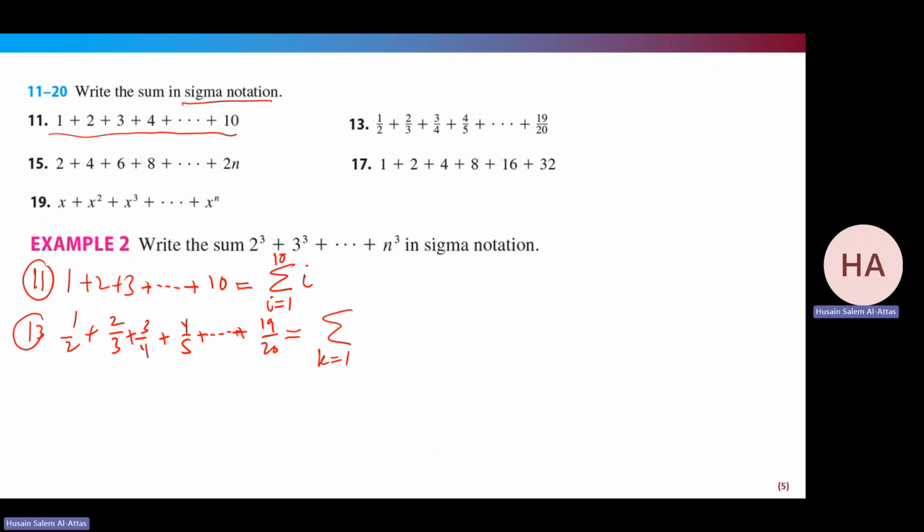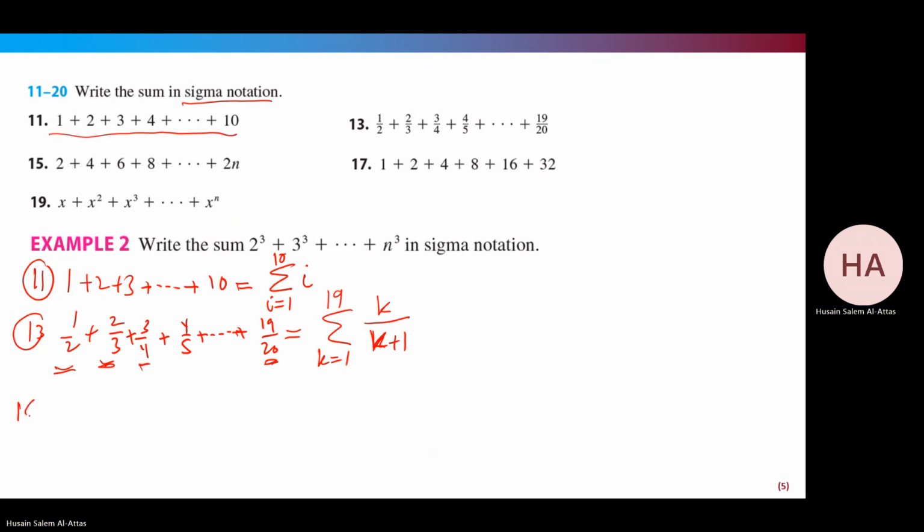So I have what? I have in the numerator, I think up to 19, k, and the denominator will be k plus 1. So in k equals 1, I have 1 over 2, which is this. In k equals 2, I have 2 over 3, which is this. In k equals 3, it will be 3 over 4, which is this. And I will stop. The last one will be 19 over 20, which is this one. So that will be the summation.